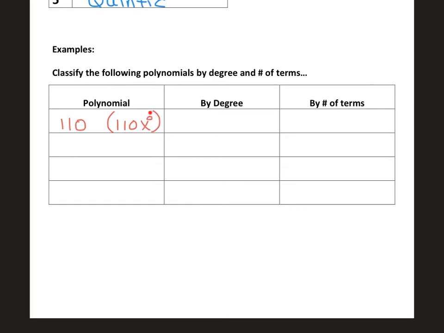Anything with a 0 power is the number 1. So this is 110 times the number 1, and that's where we're getting this constant from. By degree, we call it a constant, and it's only one term, so this is a monomial.